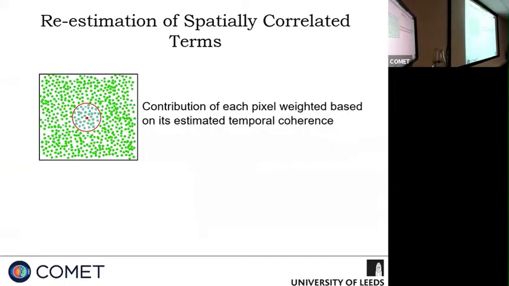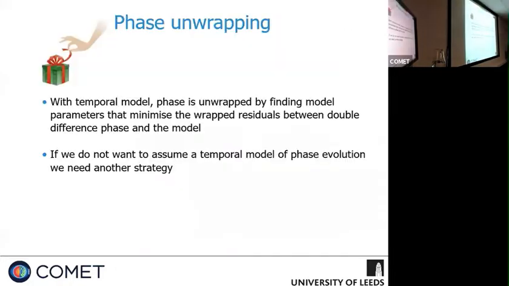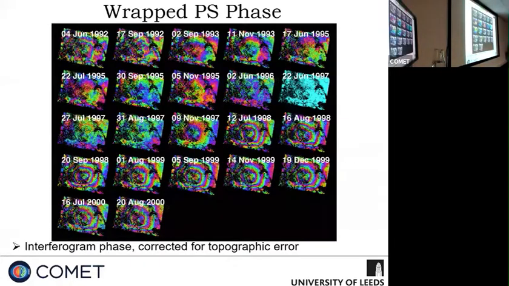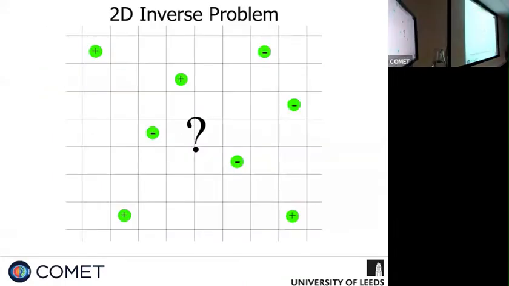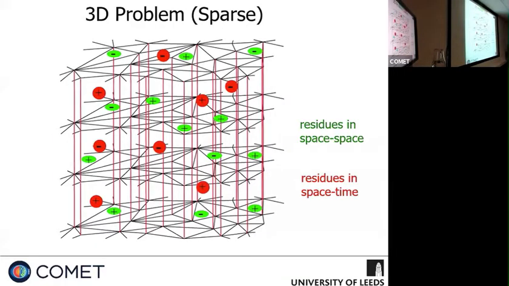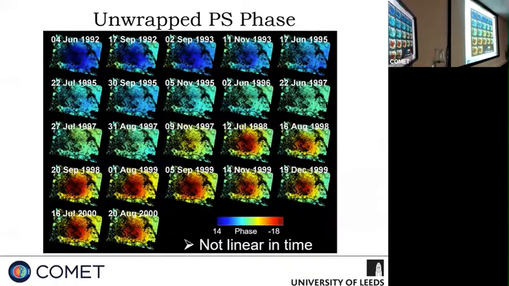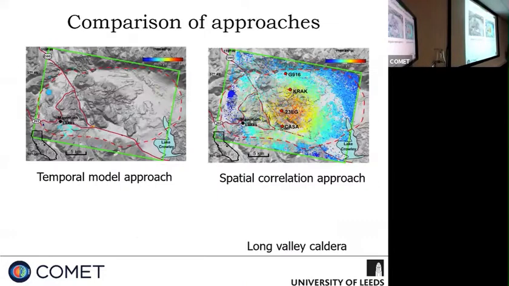So the point selection has no assumption on your deformation model. Then in your phase unwrapping, we still don't make an assumption on your deformation model. The only time this particular implementation makes an assumption on the deformation model is when we estimate the velocity. Yeah, because to estimate the velocity, we just fit a straight line to our points.